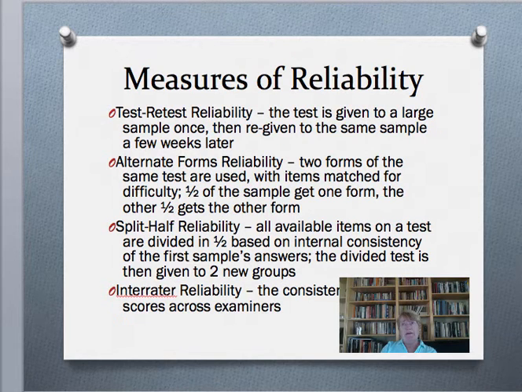And then what about if one room, the first time, let's say it's 90 degrees outside and the first room isn't air conditioned, versus the second time you come to take the test and you're in an air conditioned environment? That's likely to contribute to some variations in scores. So just the environment, and then the examiner.